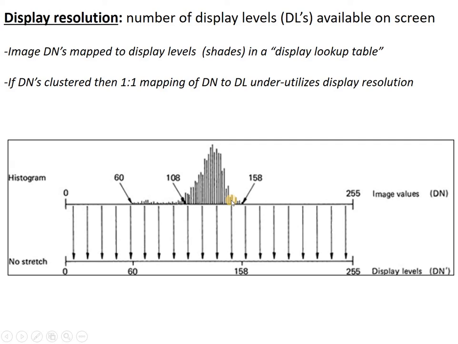Now, if you go ahead to display this and you just assign each digital number directly to its corresponding display level, like a 1-to-1 assignment, you may not be able to tell those pixels apart because they all may appear as a fairly similar tone or shade of brightness, because you're only using a small range of the display levels, or the different brightnesses, that are available to you.